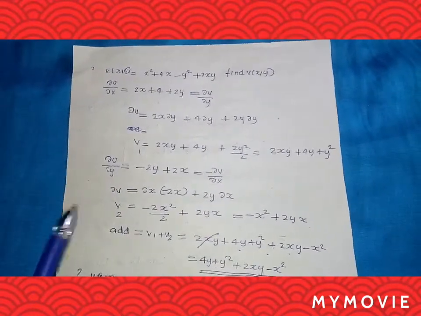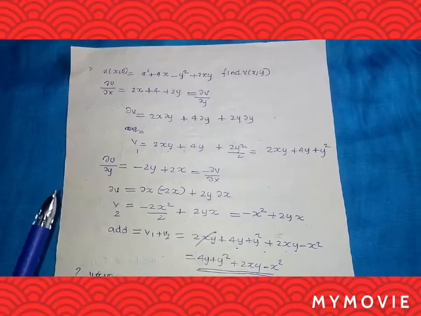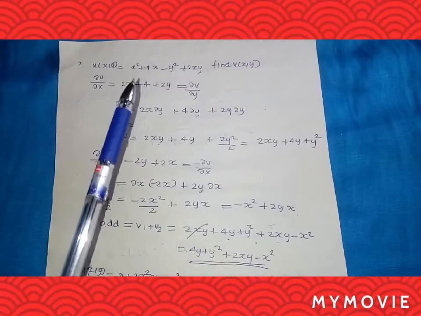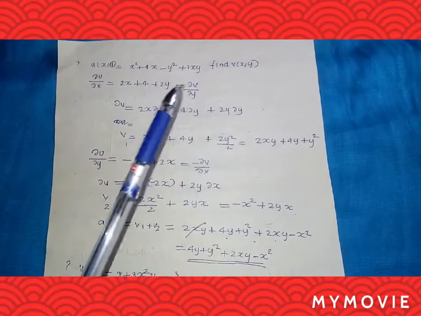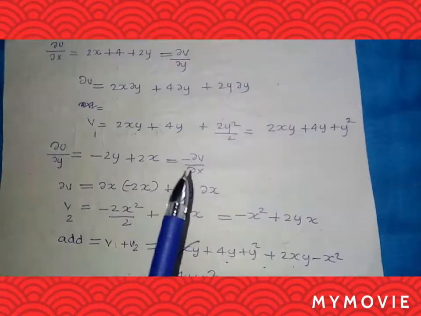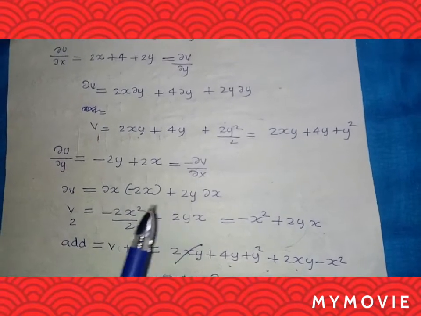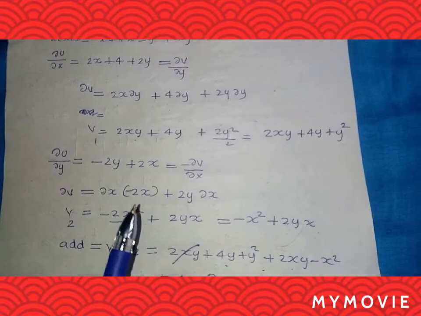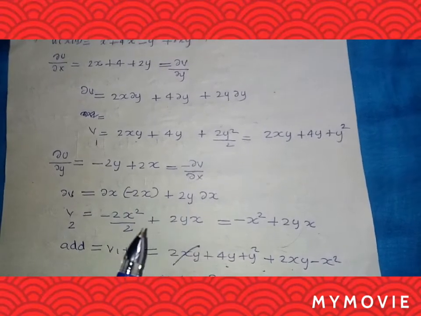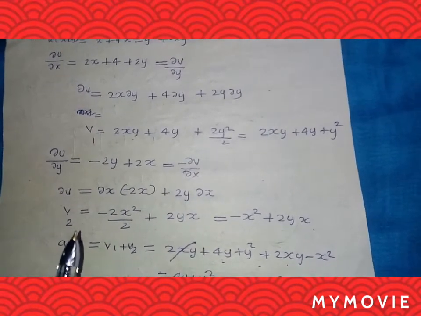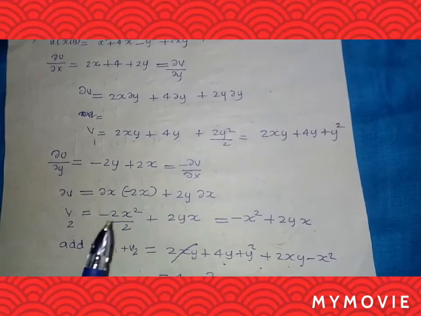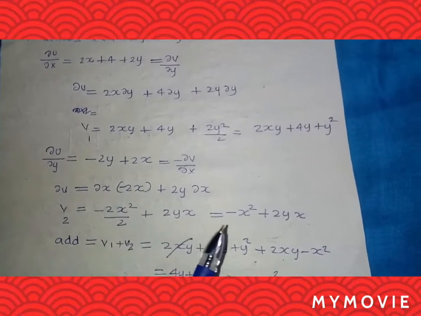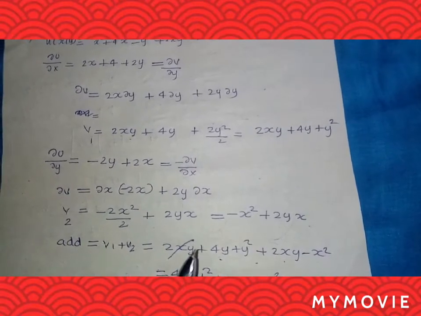Next condition, we know that dou u by dou y is equal to minus of dou v by dou x. So dou u by dou y is minus 2y plus 2x, and equate with minus dou v by dou x. So dou v is equal to minus 2x dou x plus 2y dou x. Integrating with respect to x, v2 is equal to minus 2x square by 2 plus 2yx, so minus x square plus 2yx.